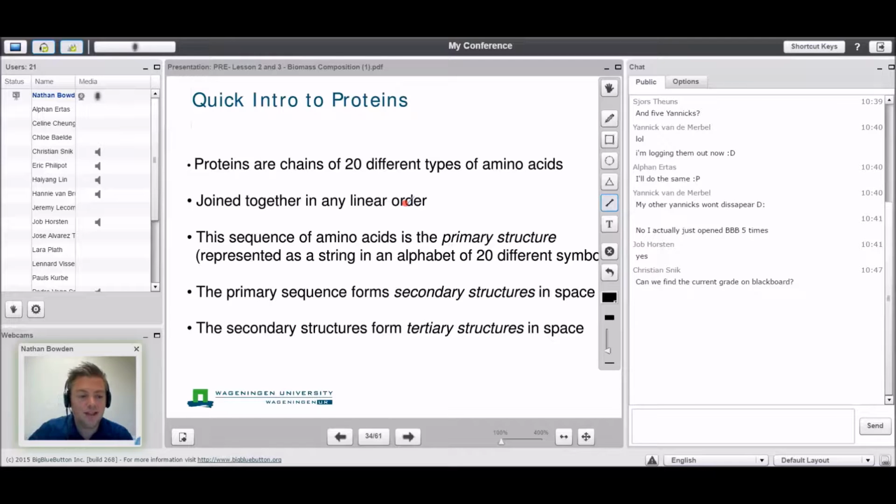So if you denature a protein, if you make it flat, it's linear. So one amino acid is chained to the other. However, that is the primary structure. So the sequence of amino acids is its primary structure, so as a string and an alphabet of 20 different symbols.